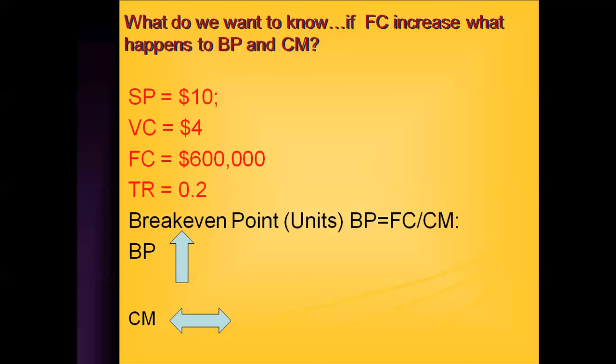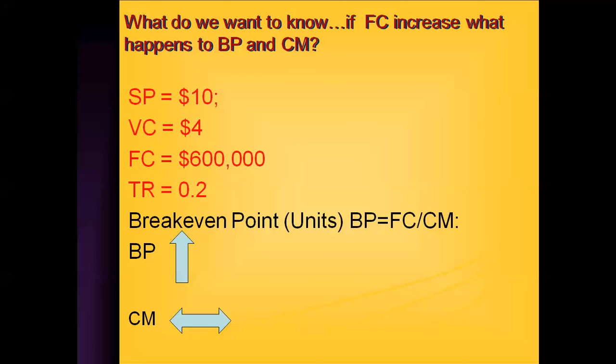On the other hand, your contribution margin is unaffected by your fixed costs, because contribution margin, as we talked about, is defined by selling price minus variable costs, which has nothing to do with fixed costs.